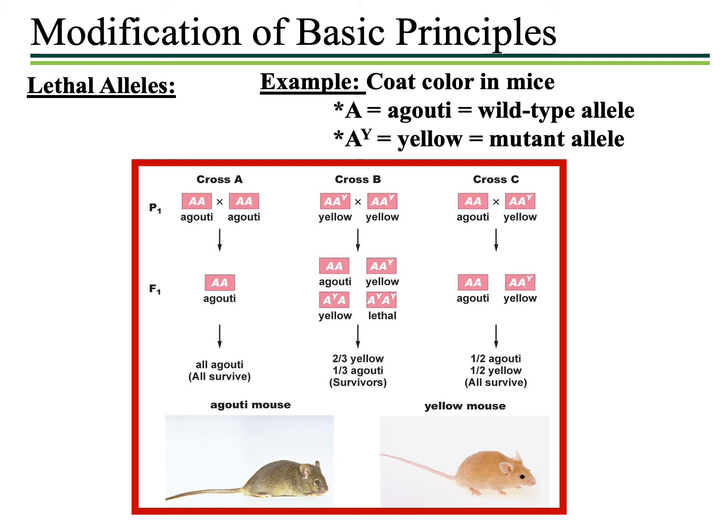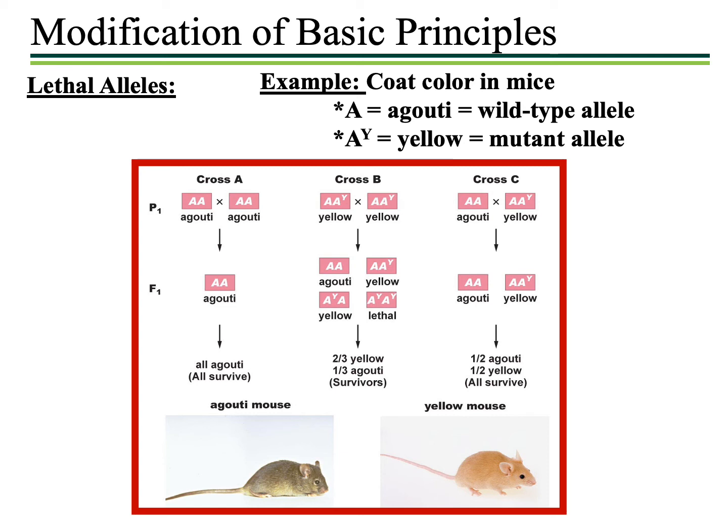However, you can see that the numbers have been altered underneath that modified Punnett square, and that's because the homozygous yellow genotype results in death of the individual before they're actually born. So when you have the offspring that are being produced, you would have to recalculate your phenotypic outcome because you only have the survivors that you can assess or analyze.